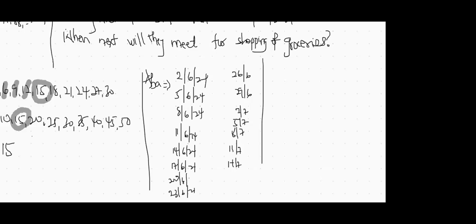Now Abby also goes every 5 days, right? After the 2nd, after 5 days, it is 7th June. The next 5 days, 12th June. The next 5 days, 17th.